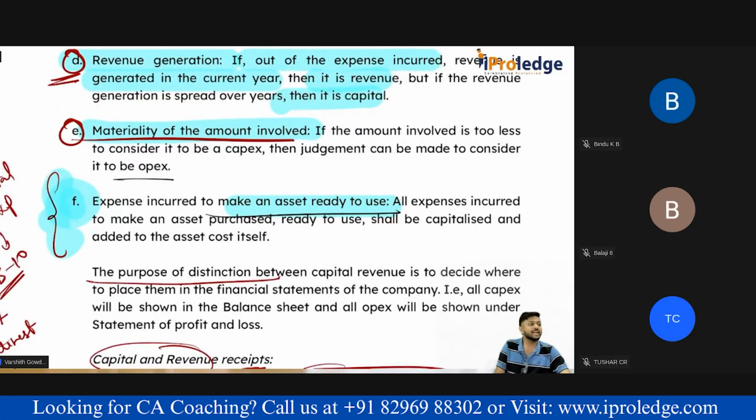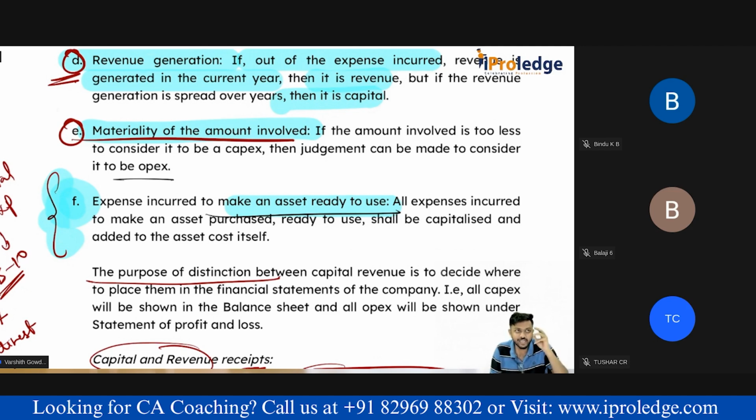So, what is materiality? There's something called the materiality concept also. What is materiality? Any information which influences the decisions of the users of the financial statements. If I knew this information, my decision would have changed.